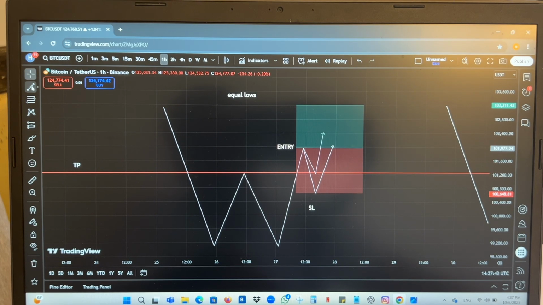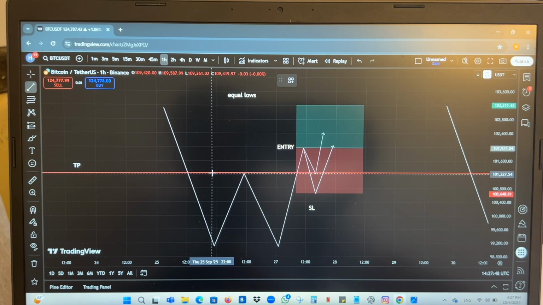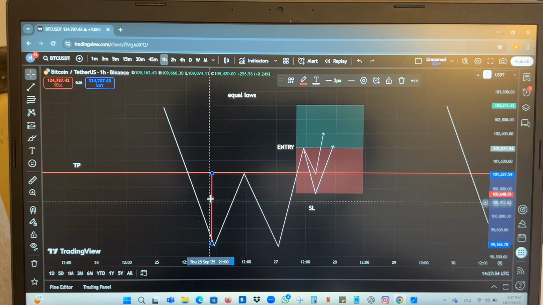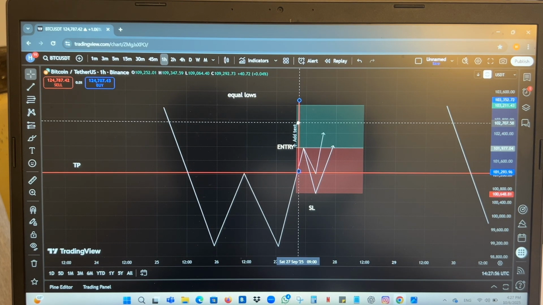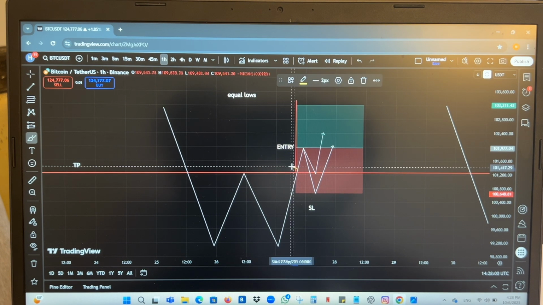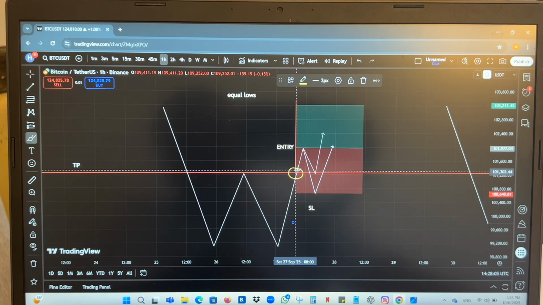Just like before, as these are equal lows, we are going to get the height of one of these lows, and we are going to put it to the break point, the point where it breaks the neckline, and from here to here is going to be the profit level.